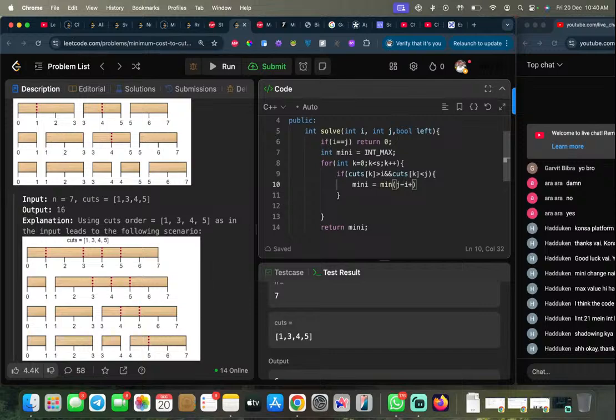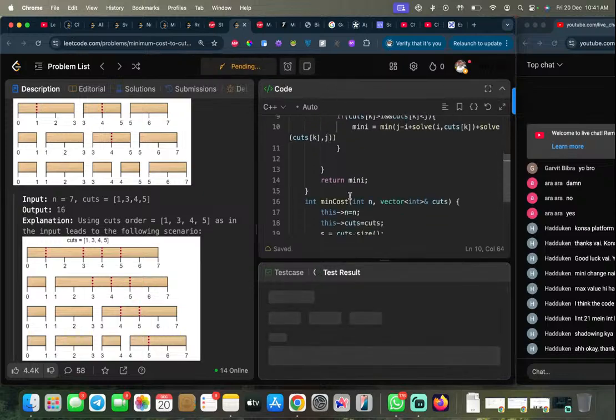Left side will start from i and add cuts of k, plus right side of k comma and add j, return min. This should work.